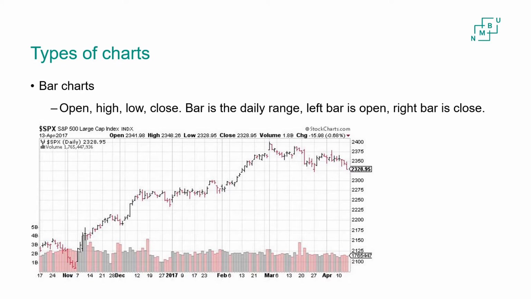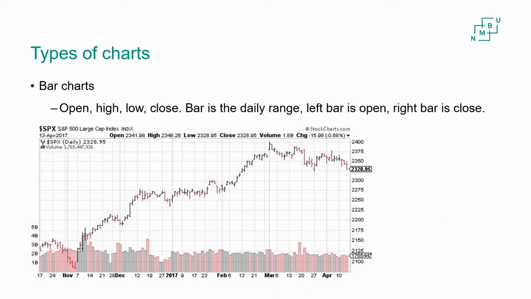If the price went up, the bar is black, and if the price went down, the bar is red. The left tag on the bar is the open price, and the right tag on the bar is the close price.